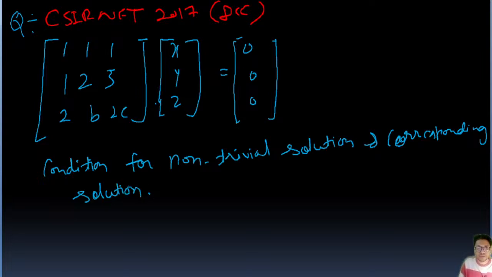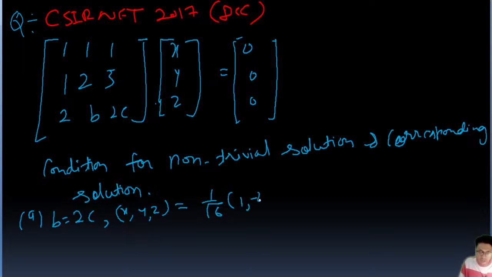Okay, you need to find this, and options are given. Option A: B equal to 2C and XYZ is going to be 1 upon root 6, 1, minus 2 and 1, sorry, minus 1.